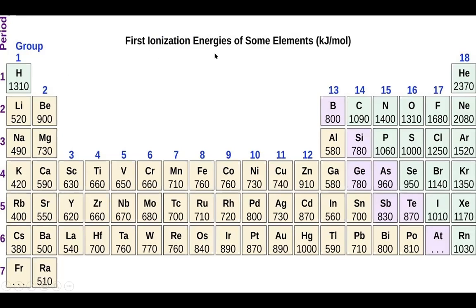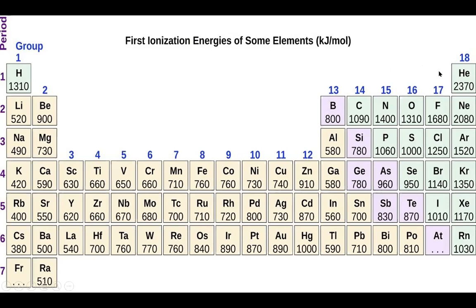While we move from left to right across the periodic table in the period, hydrogen has ionization energy value 1310 kilojoule per mole, while helium requires 2370 kilojoule per mole energy to remove an electron. It means when we move from left to right across the periodic table in the periods, the value of ionization energy increases.